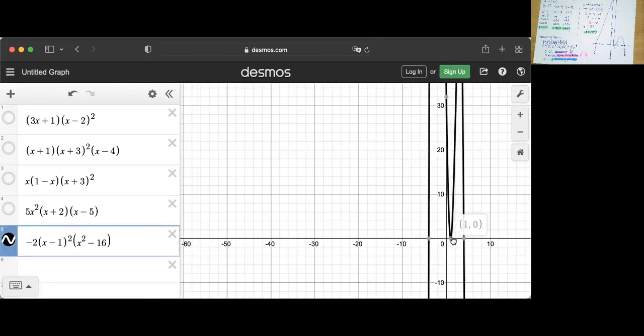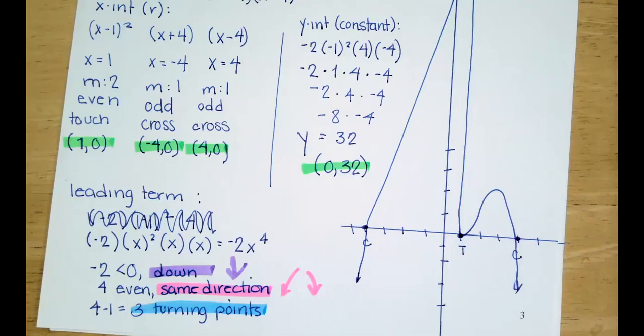It crosses at -4, it touches at 1, it crosses at 4. That matches our graph. So that was just how to use the information we learned in 5.1 to graph polynomial functions. Great work, and I will see you next time.